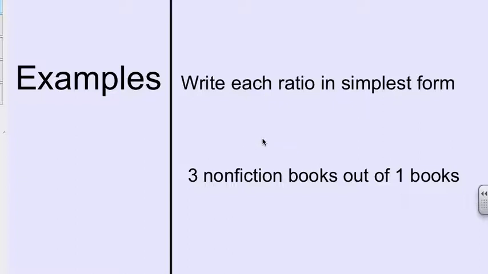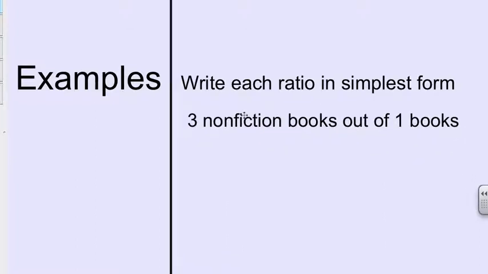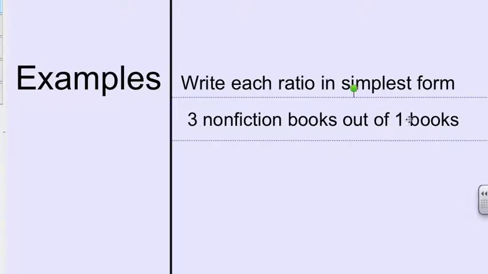Again, remember to pause this at any point in time that you need to. So I want to write a ratio in simplest form, reduced form, comparing 3 nonfiction books out of 1 book. So I should have had a fiction book here, so I apologize for that. 3 nonfiction books to 1 fiction book.